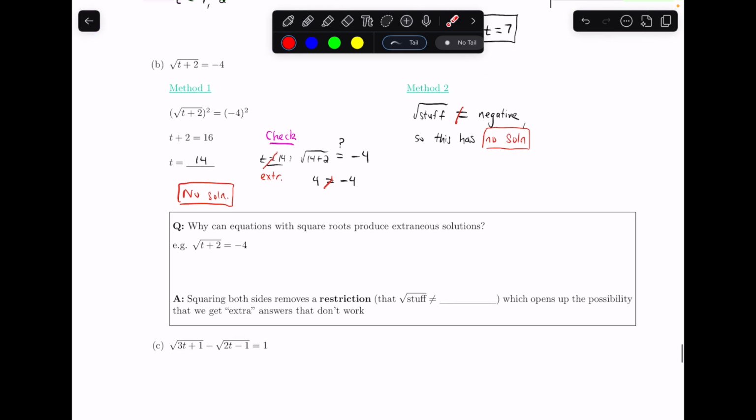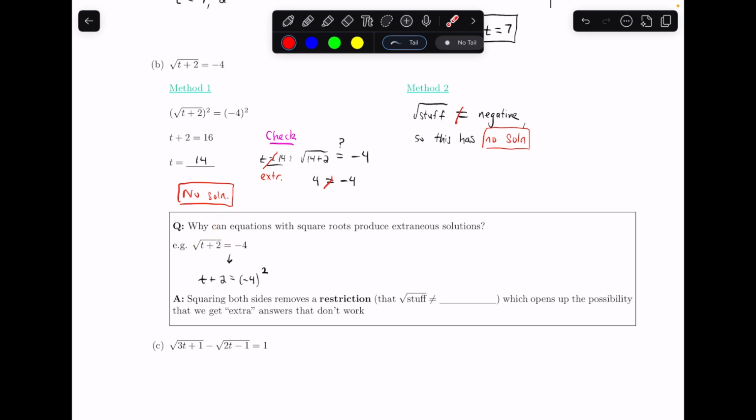So now I want to revisit this question of why equations that have square roots like this can produce extraneous solutions. Why is that even a possibility? If I look at the equation in part B, when we squared both sides, it gave us t plus 2 on the left and -4 squared on the right. Initially, we have something that's impossible: the square root of something can never equal a negative number.